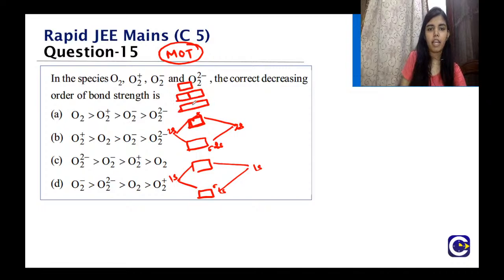These are the anti-bonding and these are the bonding, right? Here you can draw the p orbitals, 3, and here also 3.